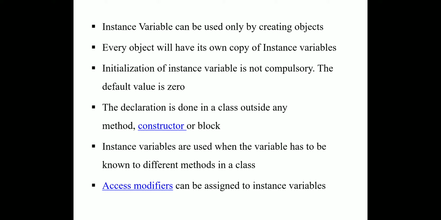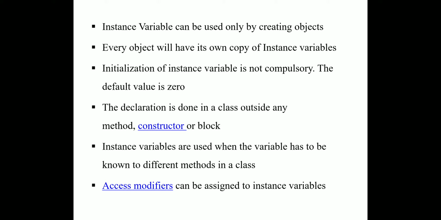Instance variables are also used when the variable has to be known to different methods in a class. If we create one variable, then that variable is known to different methods in our class. Because of that reason, we use instance variables.